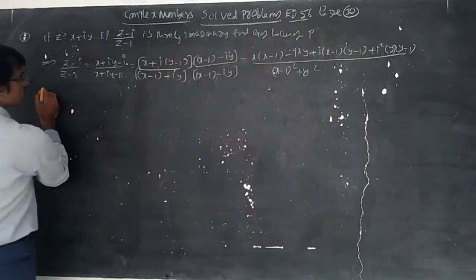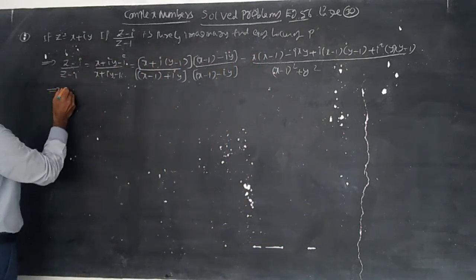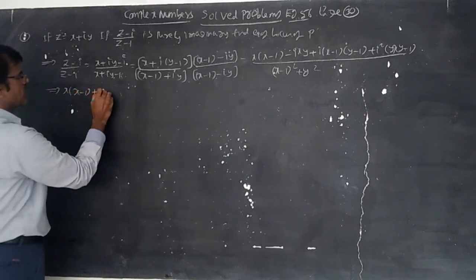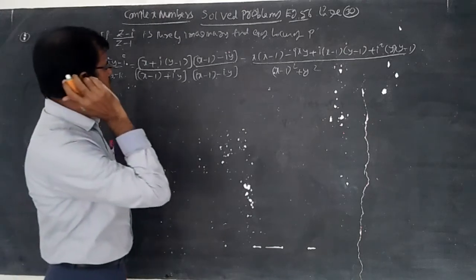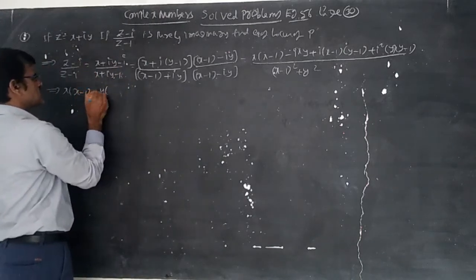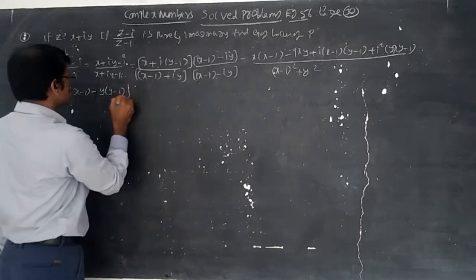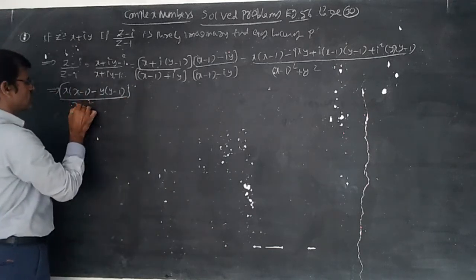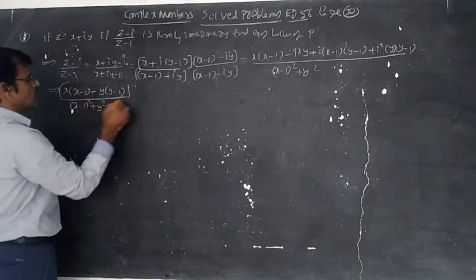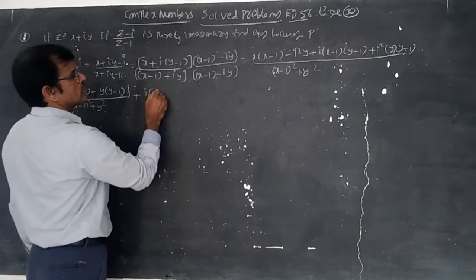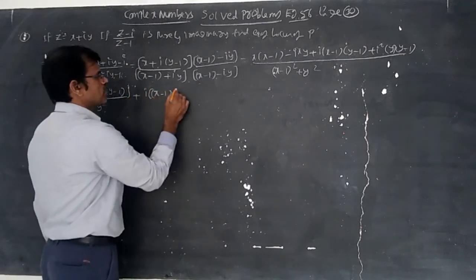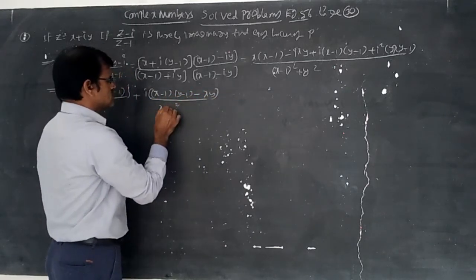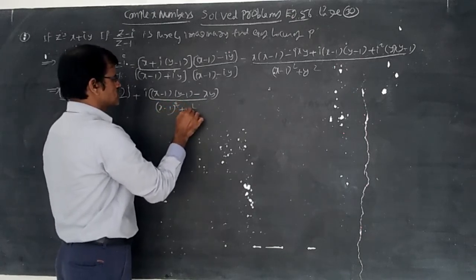Let us write the real part aside: x(x minus 1) plus, since i square is minus 1, y(y minus 1), by the denominator (x minus 1) whole square plus y square, plus i times ((x minus 1)(y minus 1) minus xy) by (x minus 1) whole square plus y square.